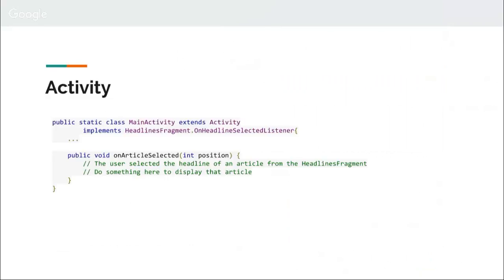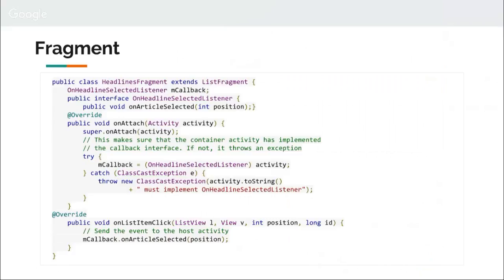And this is how we do it in the activity. We have the activity onArticleSelected. It's the function, right?